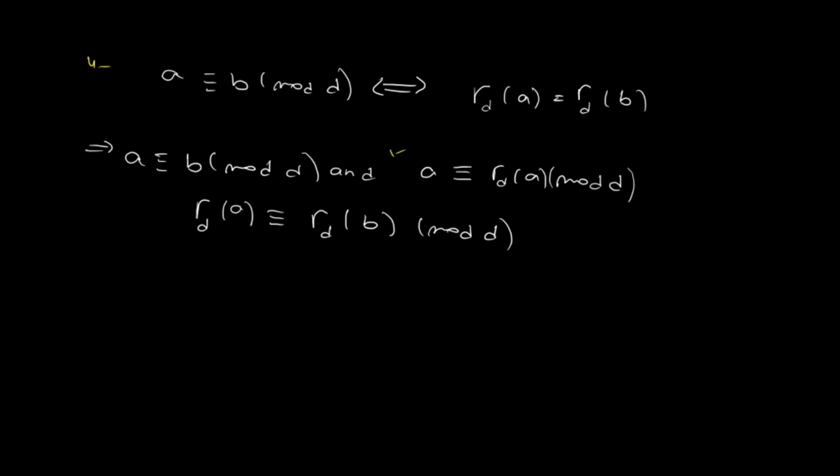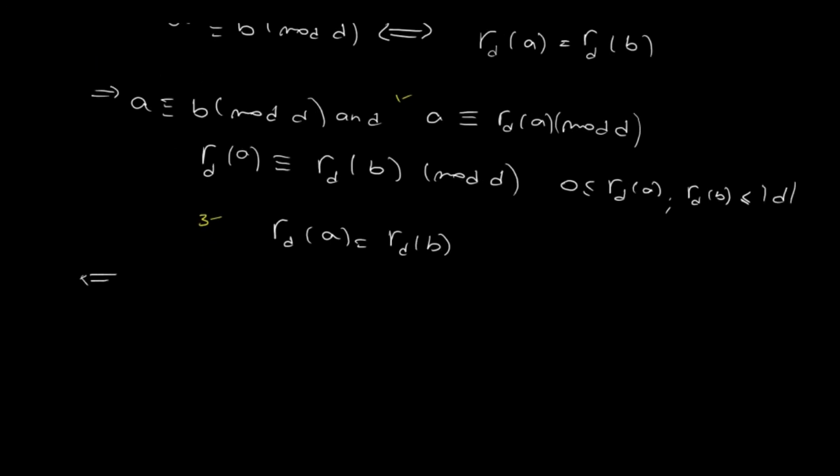But then the property 3 tells us that this equals this, because 0 is smaller or equal than both of the remainders, and they are both smaller than the absolute value of d.